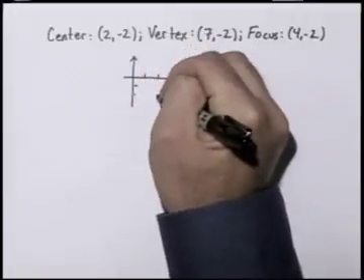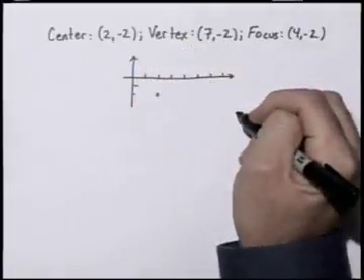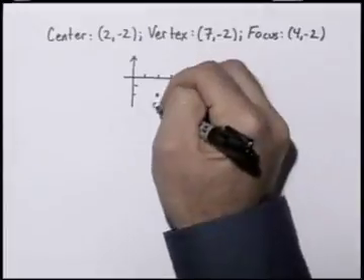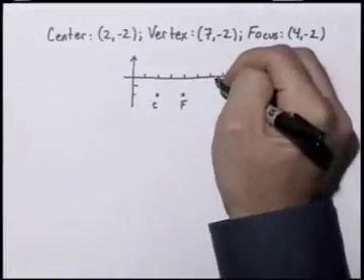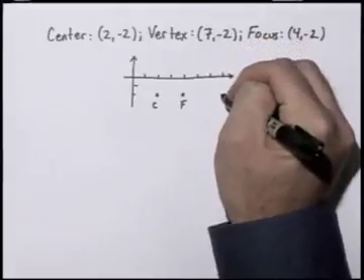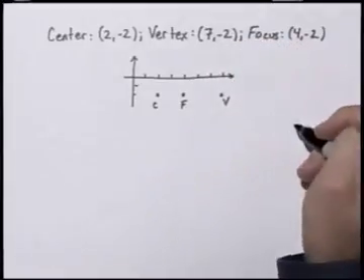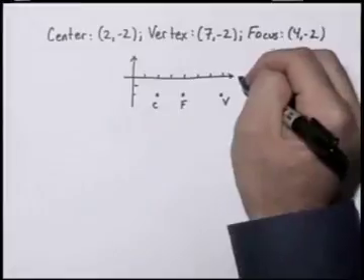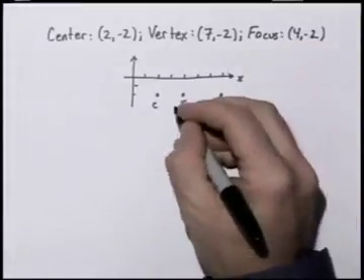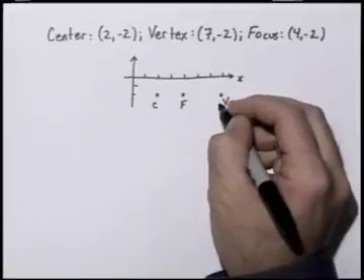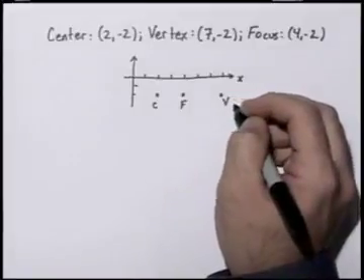So my center is here at (2, -2). I have a focus at (4, -2), and I have a vertex at (7, -2). You can see that the major axis for this ellipse is going to be parallel to the x-axis.